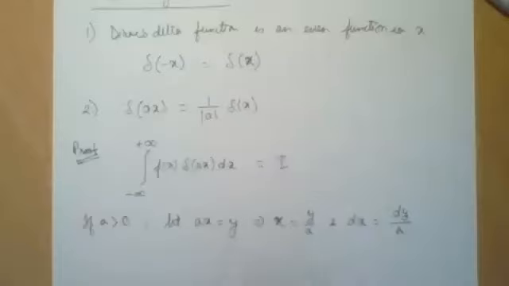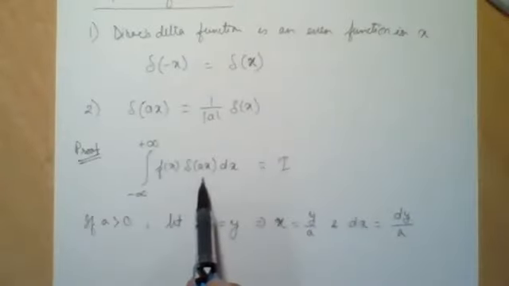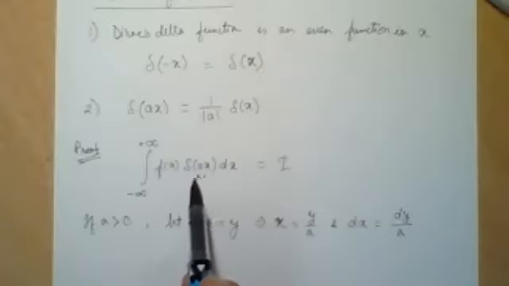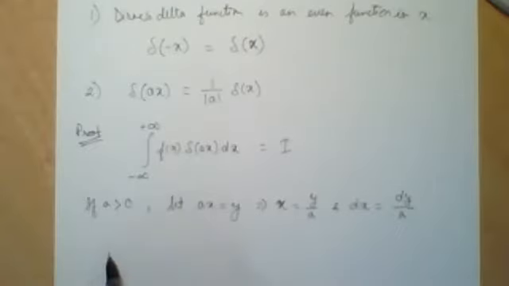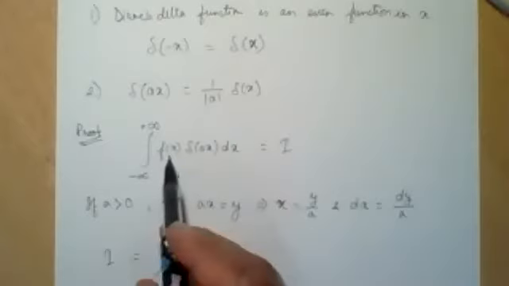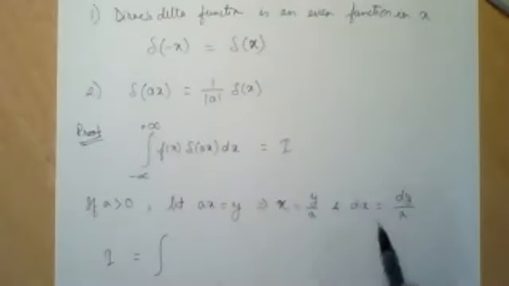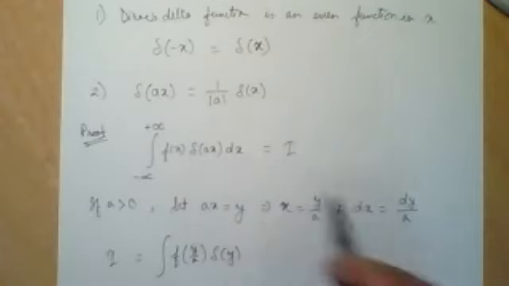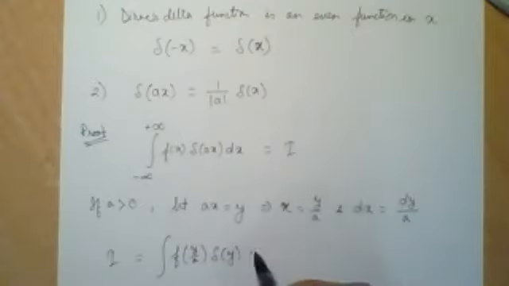So in this integral, if we substitute ax equal to y and express the integral in terms of y, what should we get? We get I equal to the integral of f of x, where x is y by a, so f of y by a, times delta of y, times dx, which is dy by a.